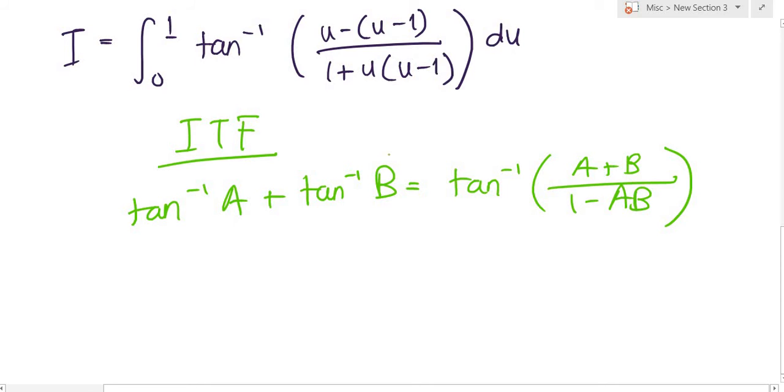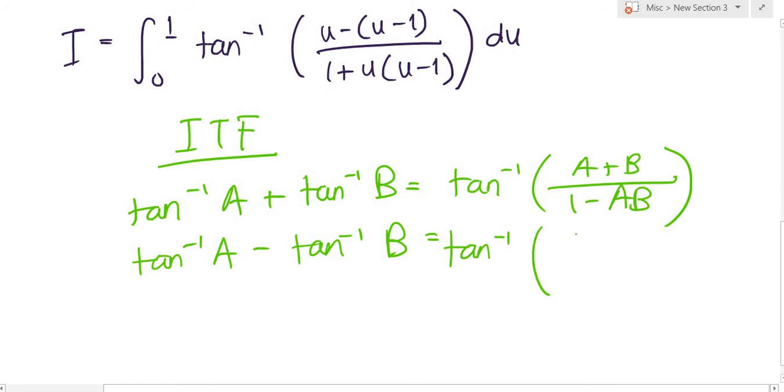Well, this was for a positive, right? What's for a negative? So we have the inverse tangent of A minus the inverse tangent of B, that equals the inverse tangent of A minus B over 1 plus A times B, right?